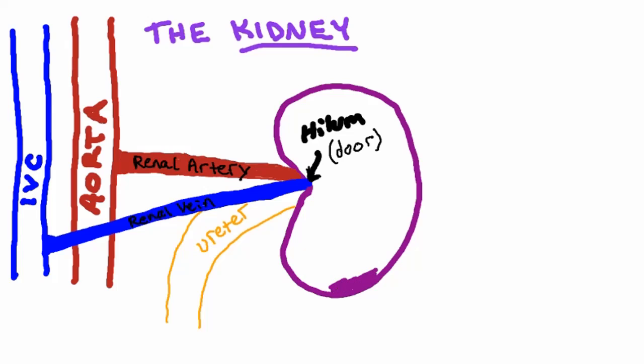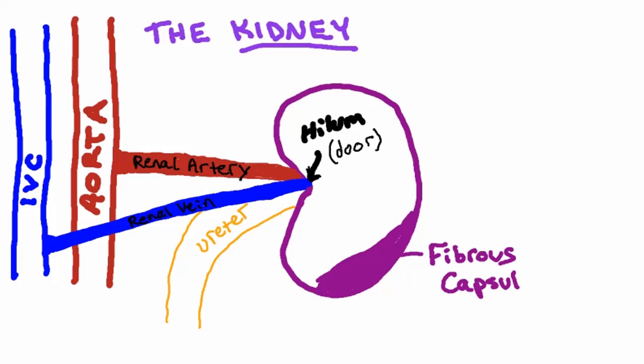So the skin of the kidney, the outside of the kidney, is called the fibrous capsule. Like I said, it's like the skin of the kidney. It's the tissue that goes around on the outside of the kidney.